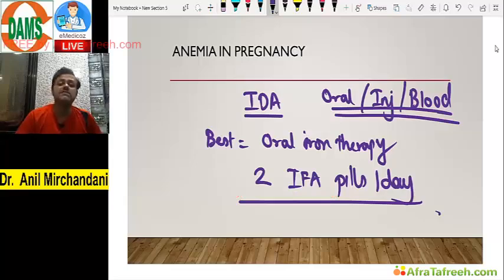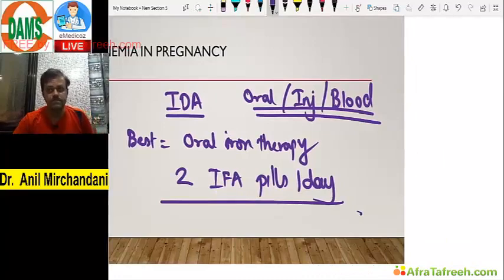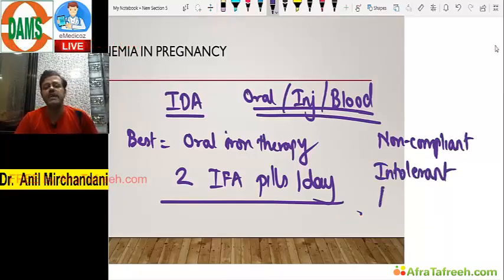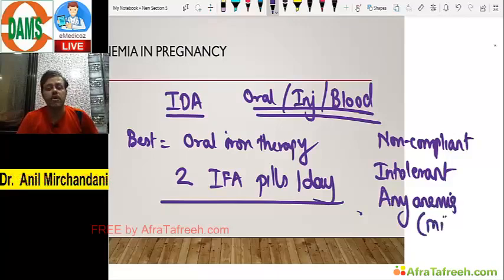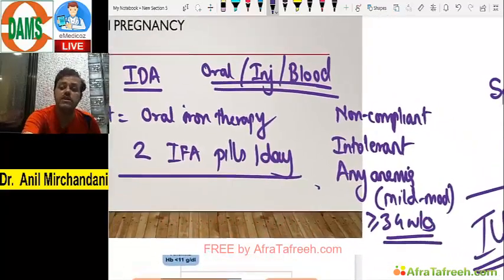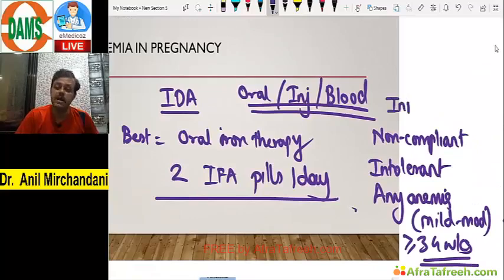But understand this, if the patient is having non-compliance, or the patient is intolerant, or if there is any anemia, mild or moderate, of more than 34 weeks, we give injectable iron therapy.